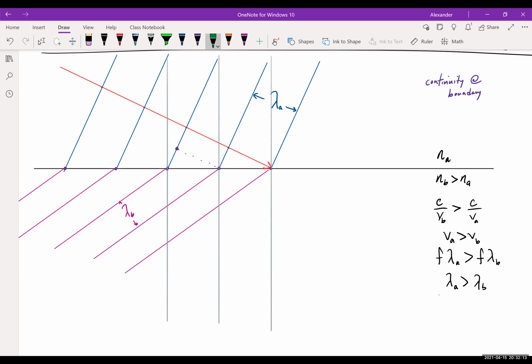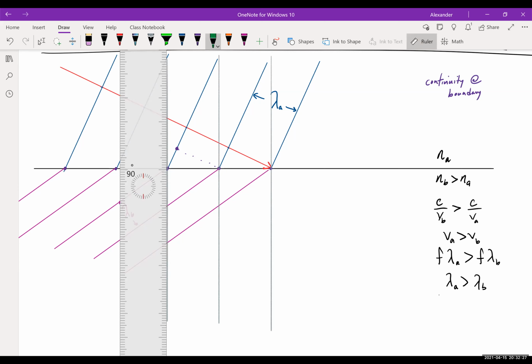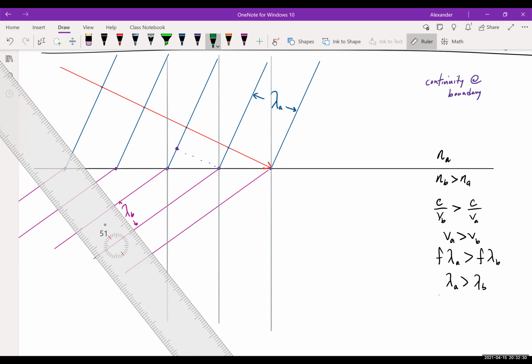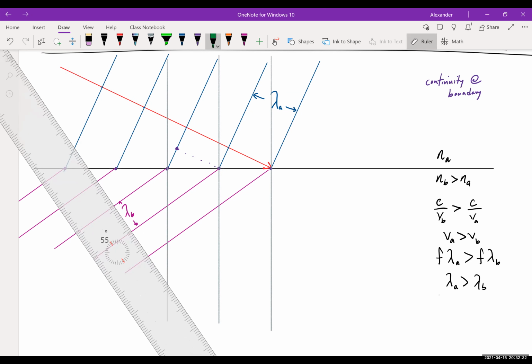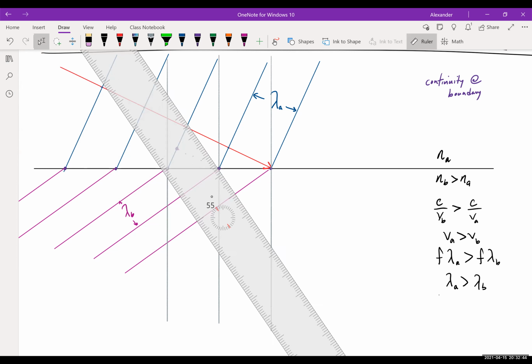Oh wait, there is one more thing I should draw. The ray that represents the propagation perpendicular to these wave fronts. I'm going to draw it here.